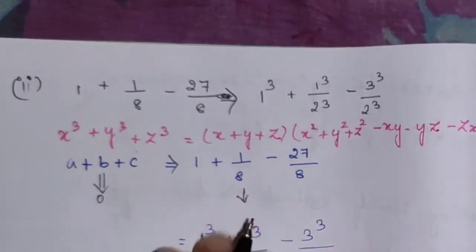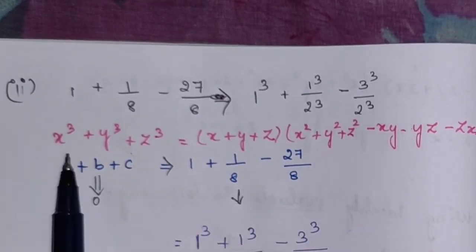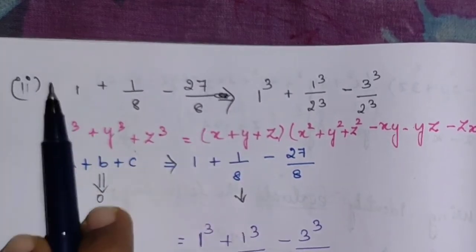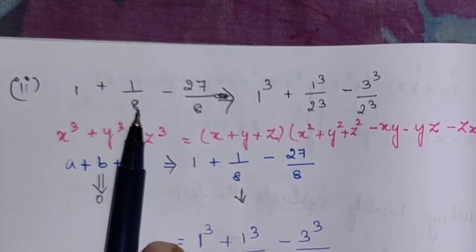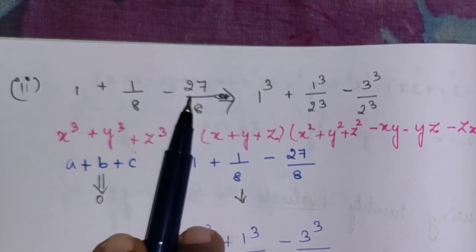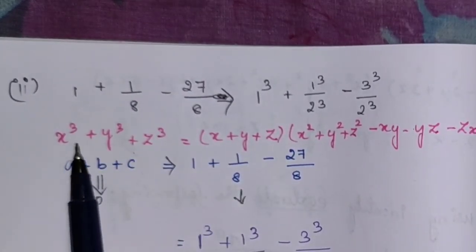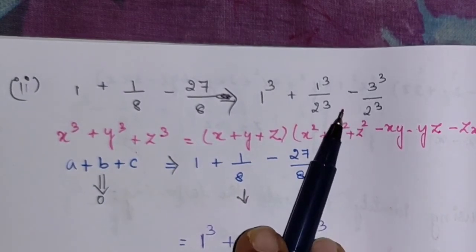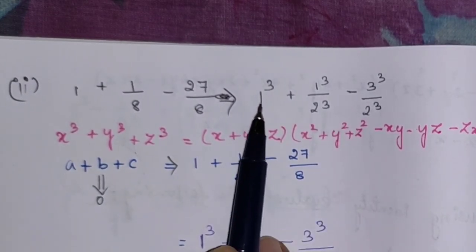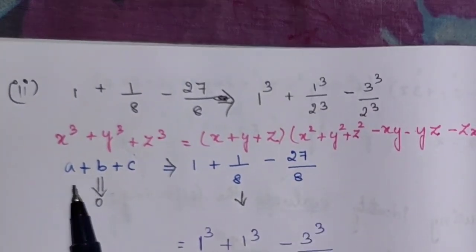Okay, so look at the number 8, it is a cube of 2, 27 is a cube of 3. So I am converting this question in the form of x cube plus y cube plus z cube. Okay, then find the value of x, y and z. So here I am writing as a, b and c.